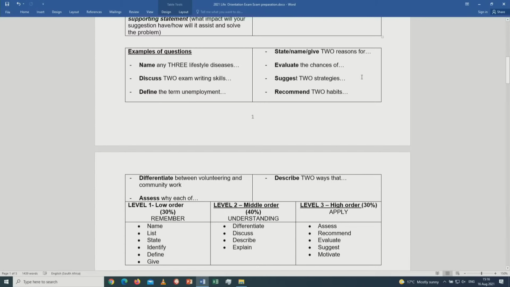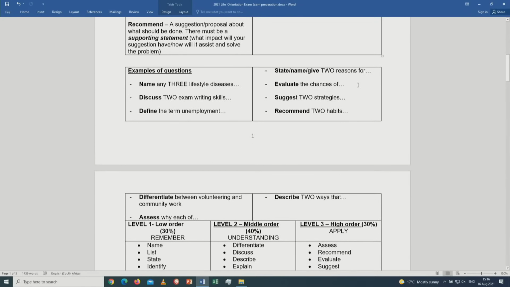Recommend 2 habits that they can develop that will help them to do well in the exam. These are just examples, because remember, life orientation content is really practical, and it's things that are around us as per the content that you have dealt with in your classroom. So I'm just giving examples.